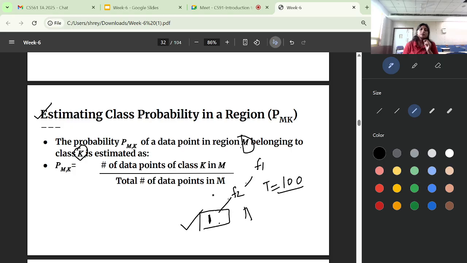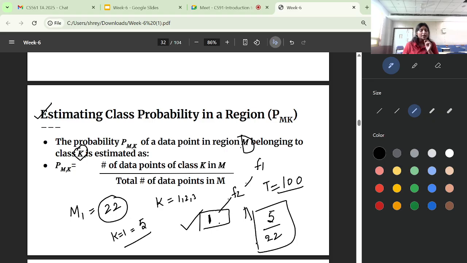In this region M1, let's say there are only 22 samples. Out of these 22 samples, let's say there are 3 classes, 1, 2 and 3. For class K1, there are only 5 samples. So the probability will be 5 by 22.